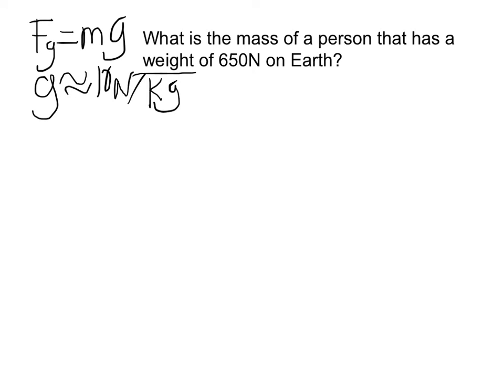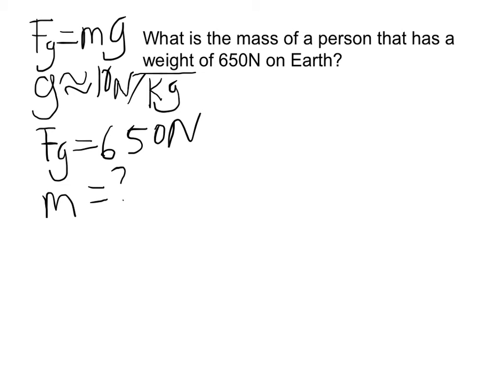So we know the weight is 650 newtons, and we're looking for the mass. So let's solve the equation Fg equals mg for mass. It will be important to note that Fg is not F times g. Fg is the symbol for weight. So the g is not a separate variable. Fg is one thing.